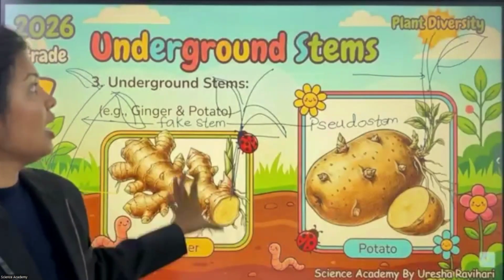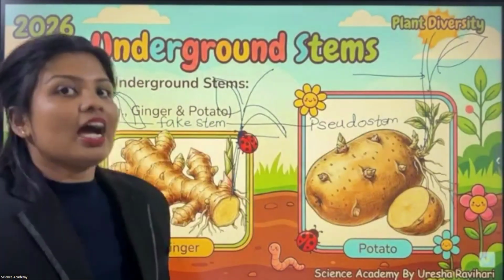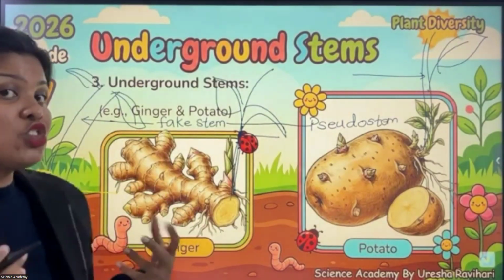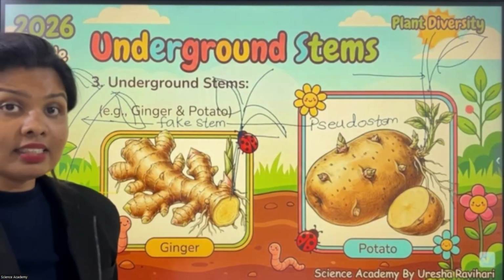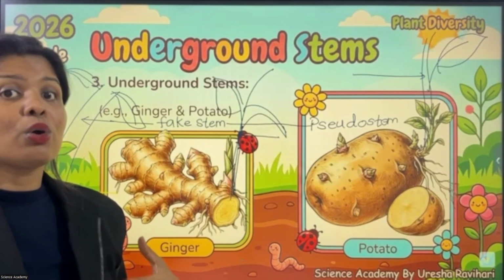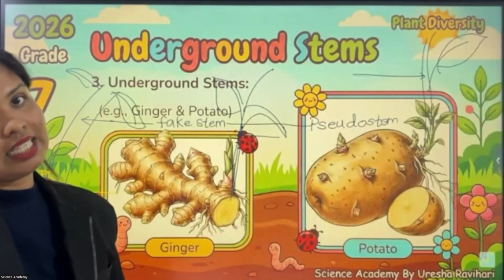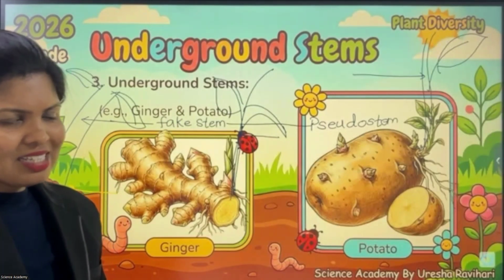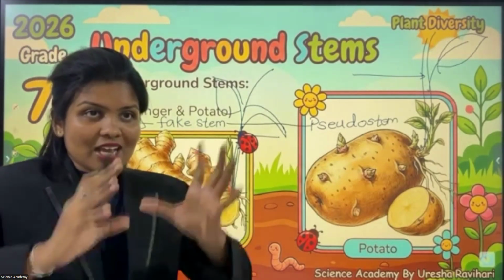Here, children, these are the actual stems located underground. Ginger, potato, onion, garlic, colocasia are plants having underground stems. Colocasia means habarala.